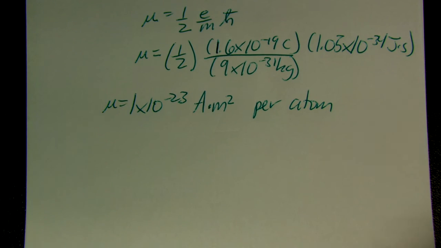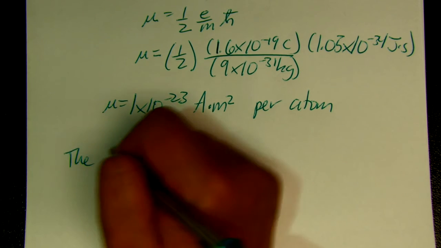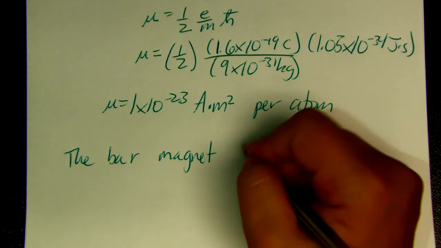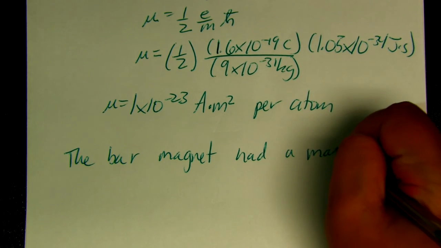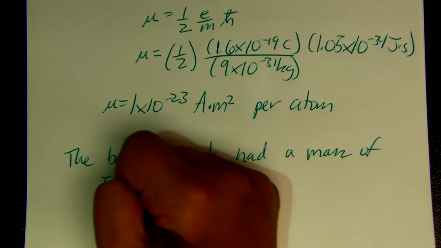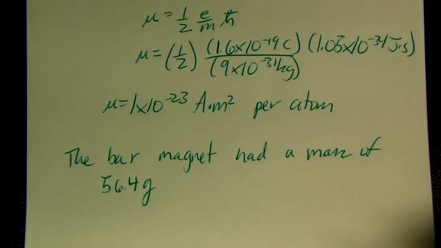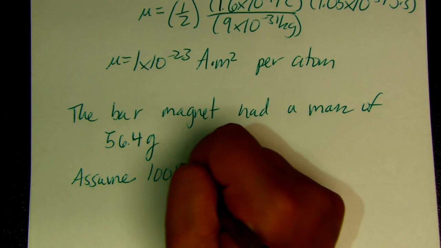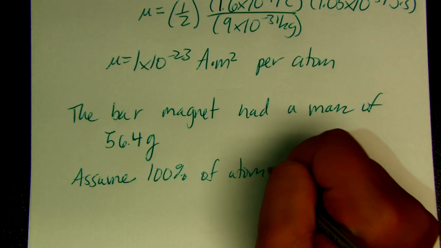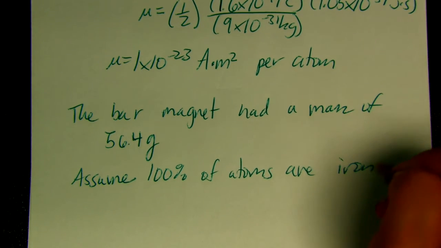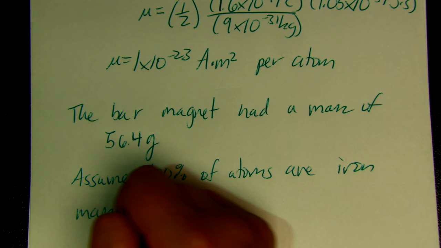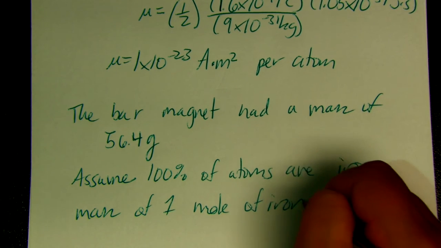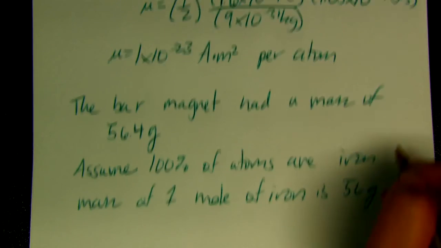So let's look at our example. The bar magnet we looked at had a mass of 56.4 grams, and we're going to assume 100% of the atoms are iron, and the mass of 1 mole of iron is 56 grams.